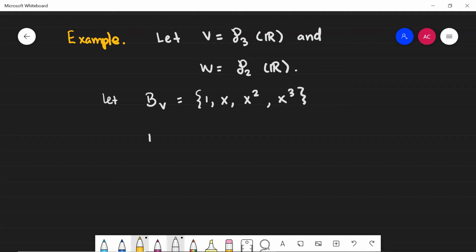And my basis for W is, once again, the standard basis: 1, x, and x squared. After I've chosen my bases, I know I get isomorphisms to R4 and R3 respectively.